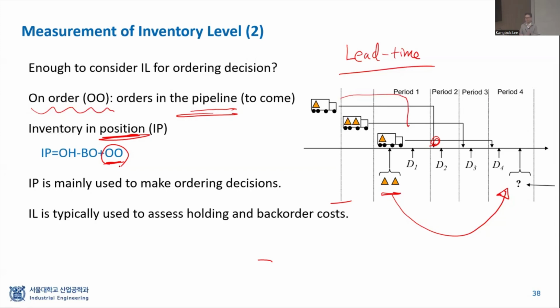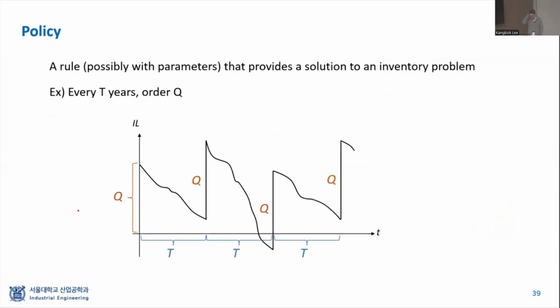So my on order should be incorporated in order to make a timely and exact inventory ordering decision. IP is not something that you need to take care of in practice, but it is quite important for your ordering decision.